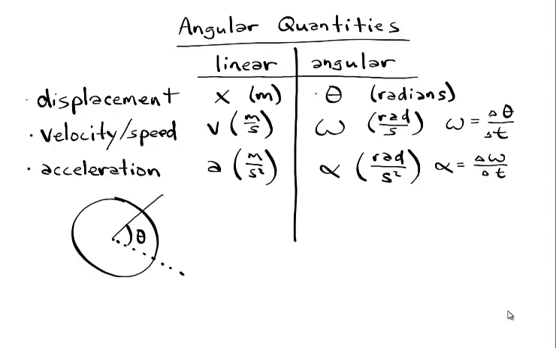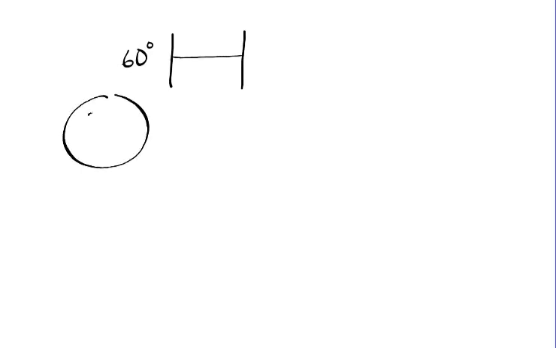Now, one of the things that you're going to have to do when working with these is be able to convert from degrees to radians. So if I have an angle in degrees, let's say for instance 60 degrees, I need to be able to convert it to radians. It's just a straightforward conversion like any other we would do. I know a full circle is 360 degrees. I also know from my math classes that a full circle in radians is 2 pi. So I can use that conversion: 360 degrees equals 2 pi radians.